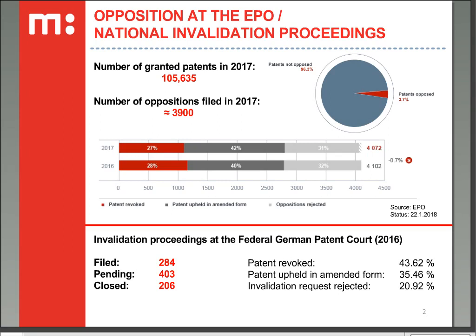It's 43%. And the invalidation request was only rejected in about 21%. And the reason is that maybe, as we'll see later, invalidation proceedings are more expensive, so maybe people think twice about starting them.